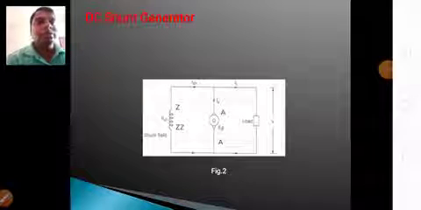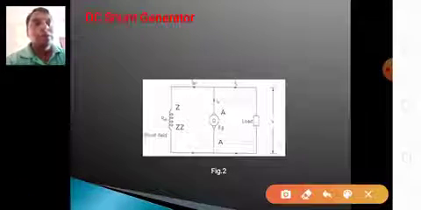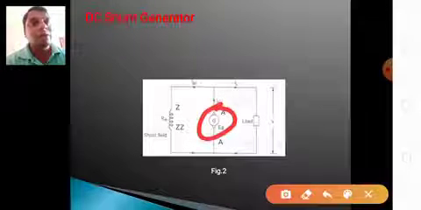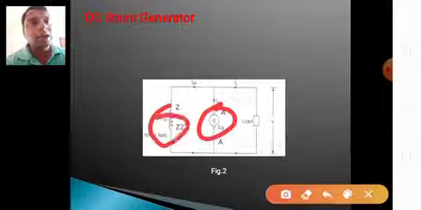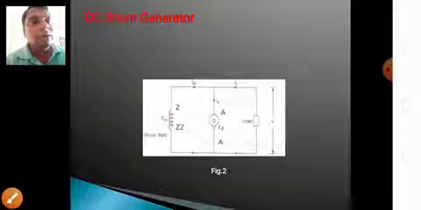Next one is the DC shunt generator. Shunt generator means this is the armature winding, and the field winding is in parallel with the armature winding, so that is why it is called a DC shunt generator, right? Here we are taking the current from the armature.